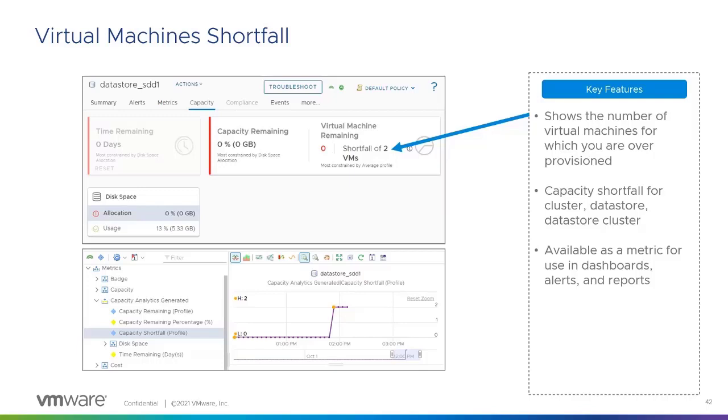So I actually have a capacity shortfall of 2 virtual machines. The reason this is separate is so you can do roll-ups to a higher level. If you want to look across your entire environment, you can sum up the shortfall, and you can sum up the virtual machines remaining, and then you have those two individual numbers, and they tell you the picture of what's going on.